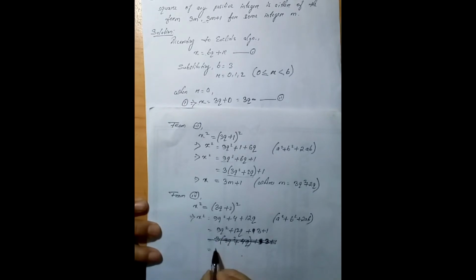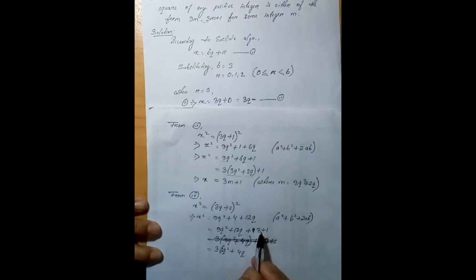Now see, let's take 3 as a common: 3q square plus 4q, and again from here also we are taking the common 3 plus 1.